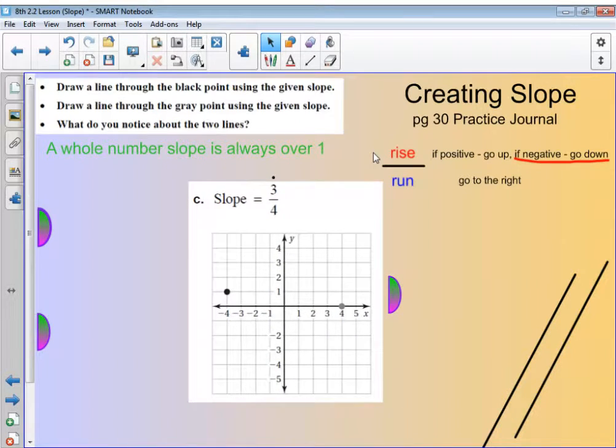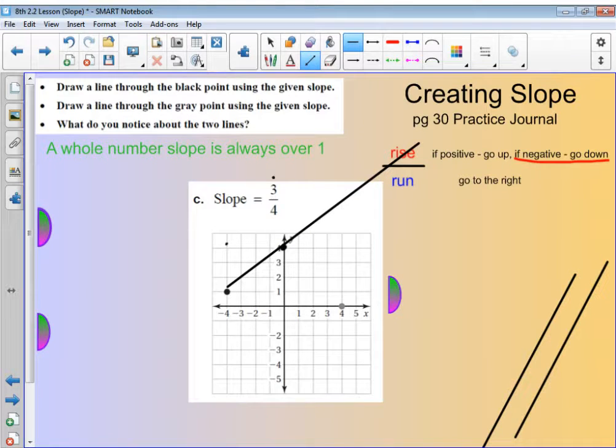So we have 3/4. So this time it's positive. So from each of our dots, we're going to go up first and then to the right 4. So up 3 puts me right there, and then over 4, 1, 2, 3, 4, my new dot is here for the black. Draw my line through that.